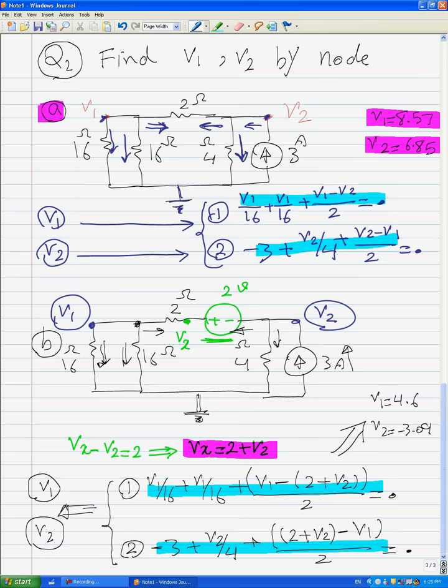Okay, question 3 is about the mesh scheme.